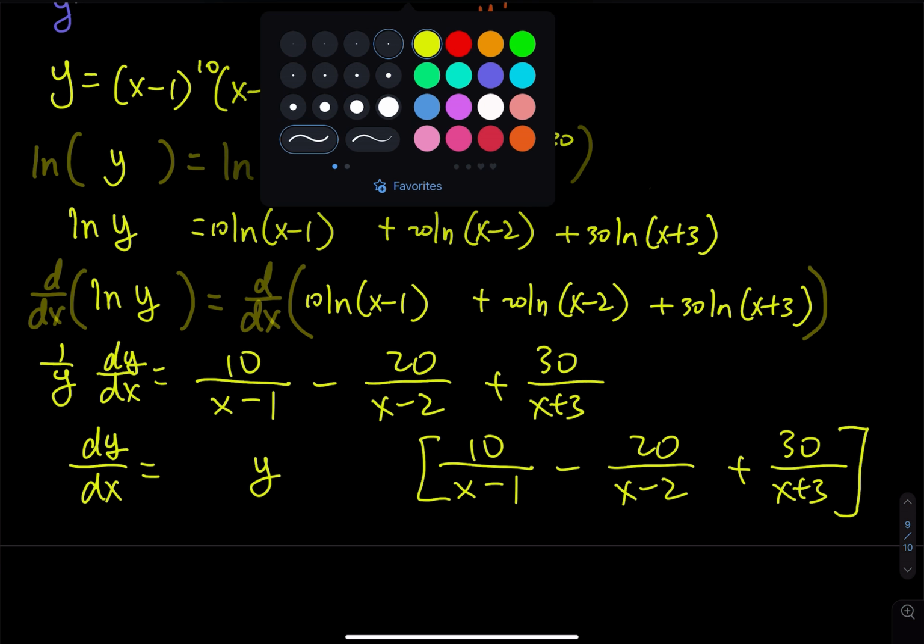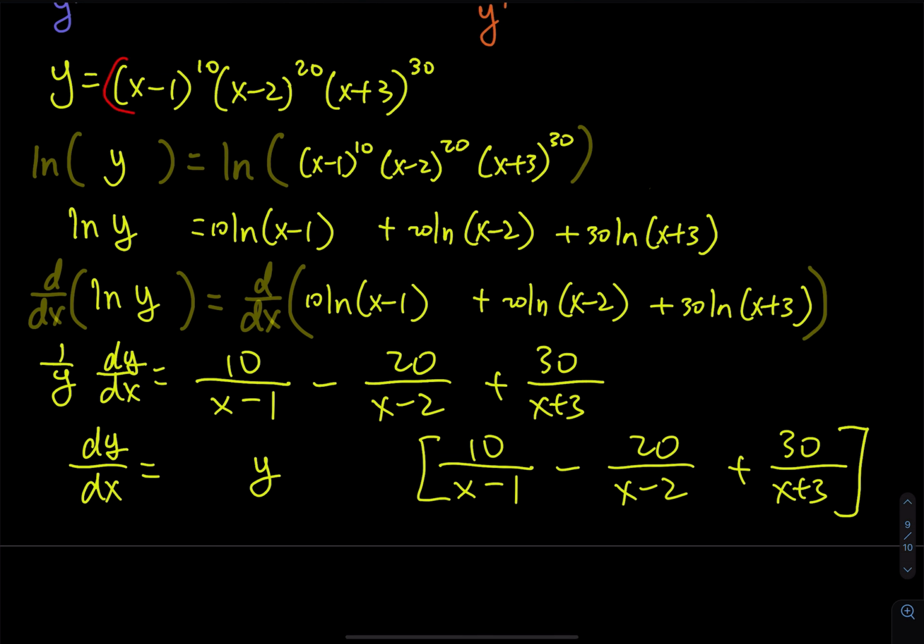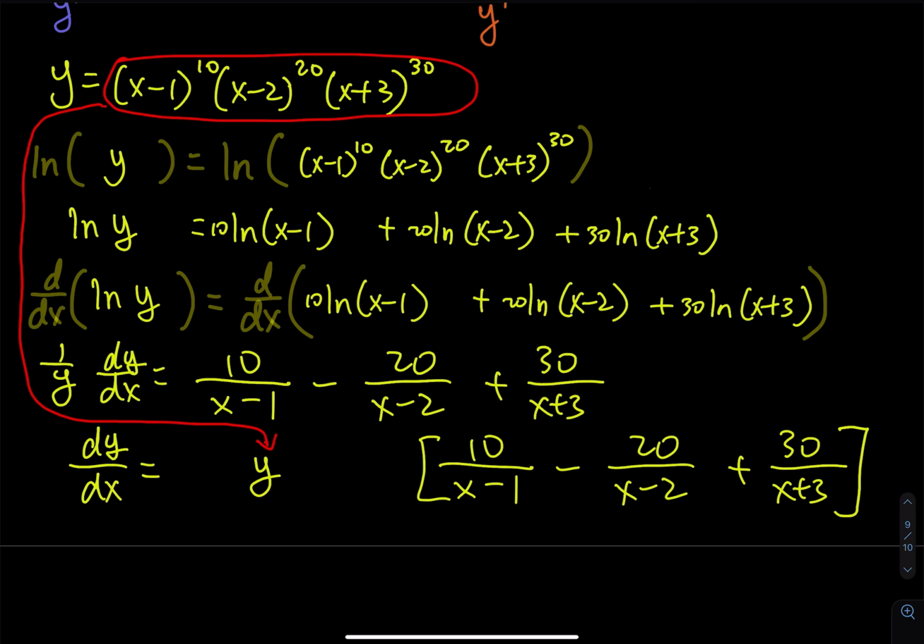So you copy this and move that over here. So that equals (x − 1)^10 (x − 2)^20 (x + 3)^30 times that bracket. And this is the final answer.